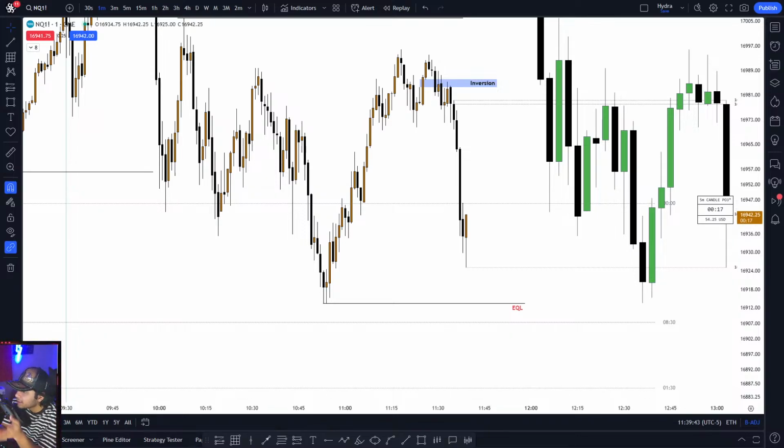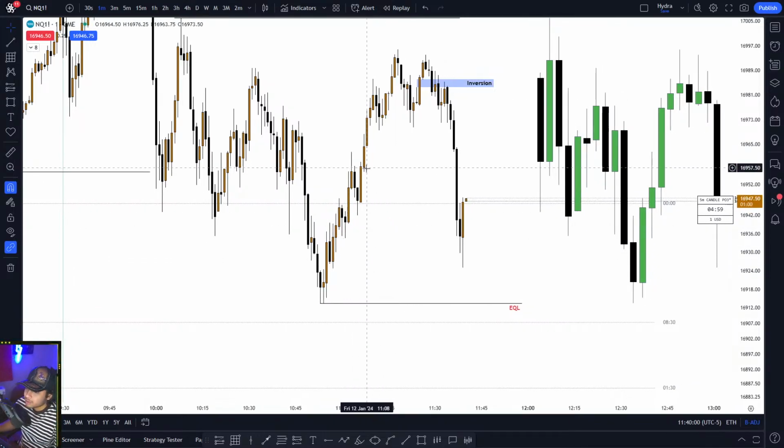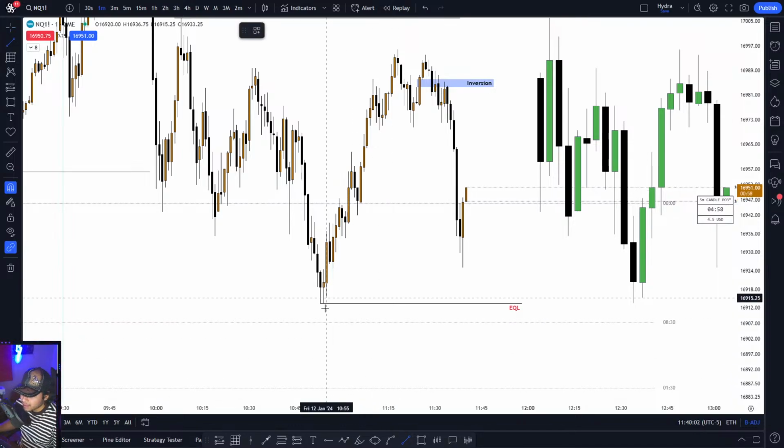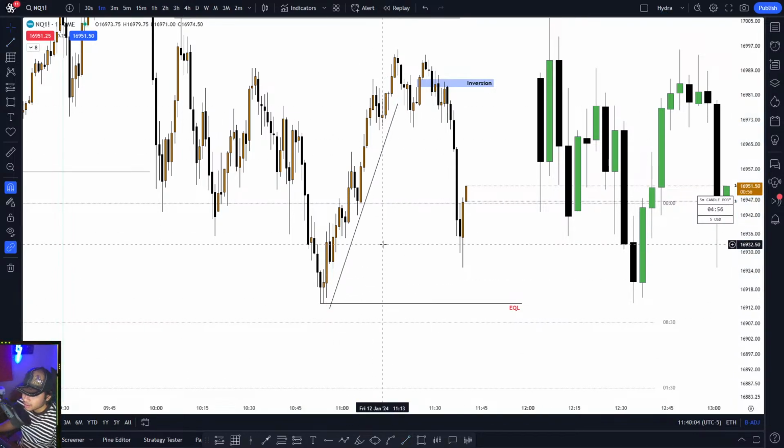It's for beginners, because if you don't understand what price does in retail concepts, you will not have a good idea how the ICT concepts work, because these are liquidity for retail traders. This is trend line liquidity, and they're going to buy here just as we bought by following the trend. But I never saw anyone buying on the 1 minute chart using a trend line. They just don't trust it.